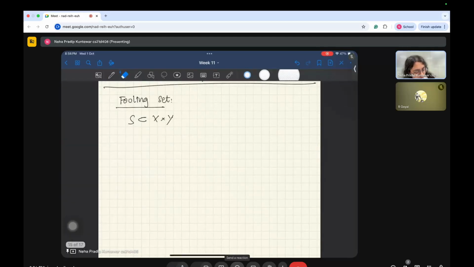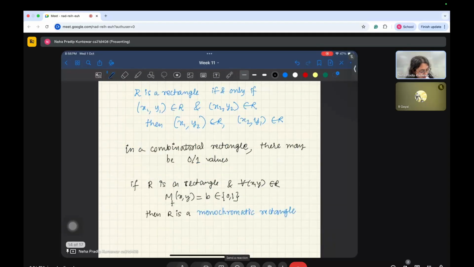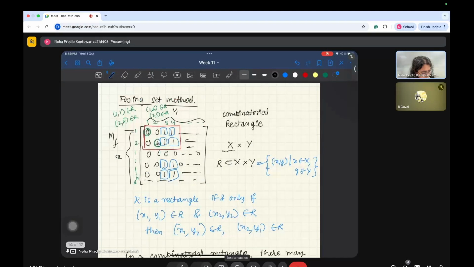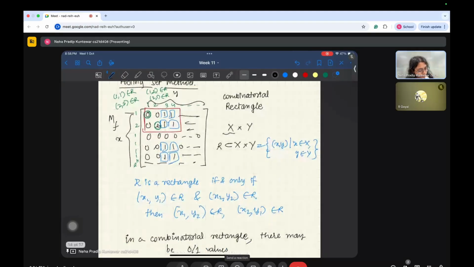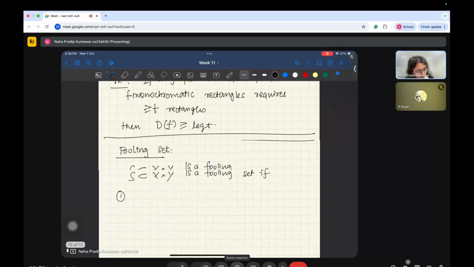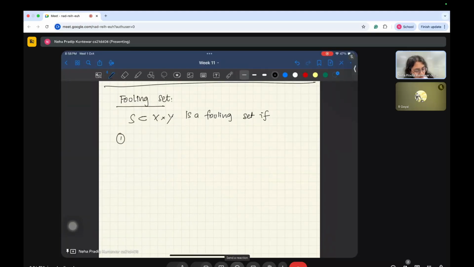We say that S is a fooling set if the first condition is that for all x comma y in S, MF of x comma y is the same value.